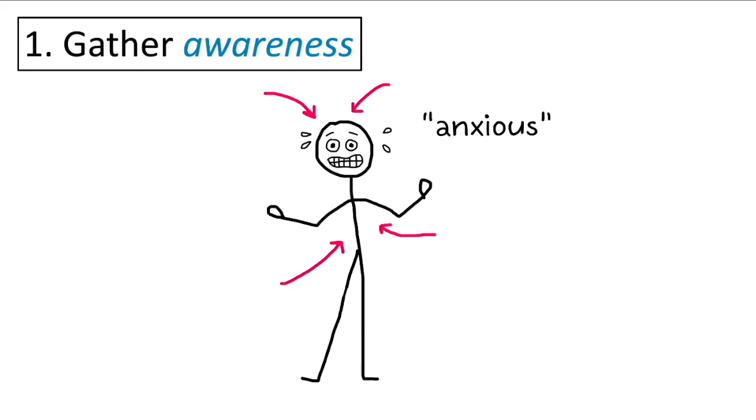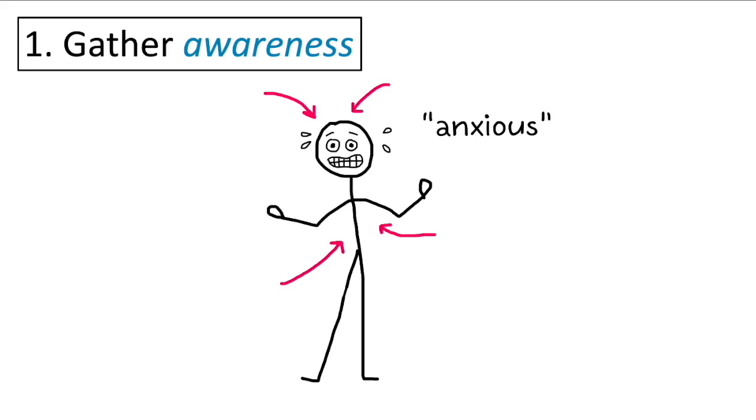So those are signals. Chapter 11 talks about that. In step one, you don't want to ignore what you're feeling. You want to take a pause and gather this awareness. It's simple: something is happening in my heart, my mind. It's simply being aware of them.